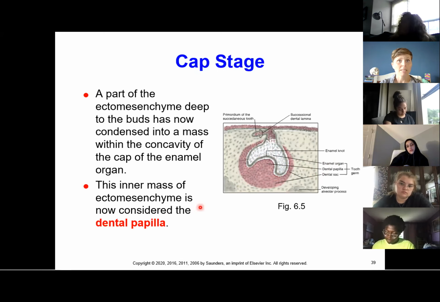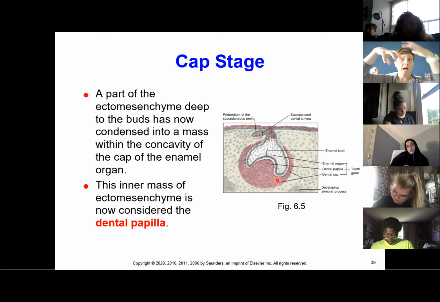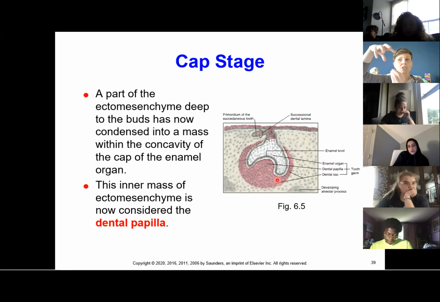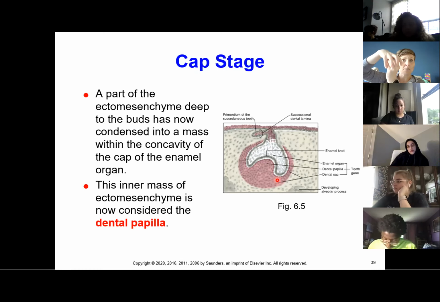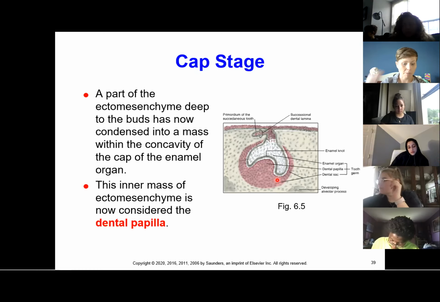The inner mass of the ectomesenchyme is now considered the dental papilla. So you have your cap, and that cap is starting to surround that ectomesenchyme, which is forming the dental papilla.